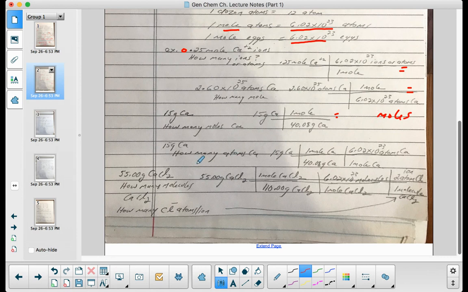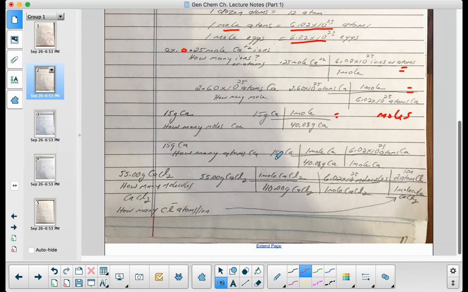Then a different type of calculation: what if I have 15 grams of calcium, and my question is, how many atoms of calcium is that? Well, then the question goes a little bit further. I would start out with my 15 grams. I would use this conversion factor to get grams to moles. And then I would use this conversion factor to get moles to atoms.